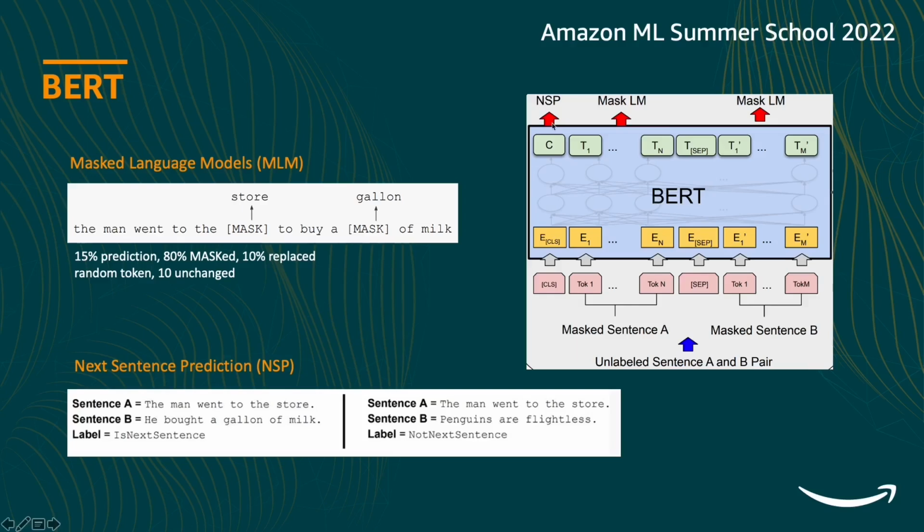We make the next sentence predictions at the first token output. This is trained by using a binary classification task. And for the words which are masked, we predict the corresponding masked token at the output by feeding the output vectors to a softmax function over the whole vocabulary. So this is how the BERT model is trained.